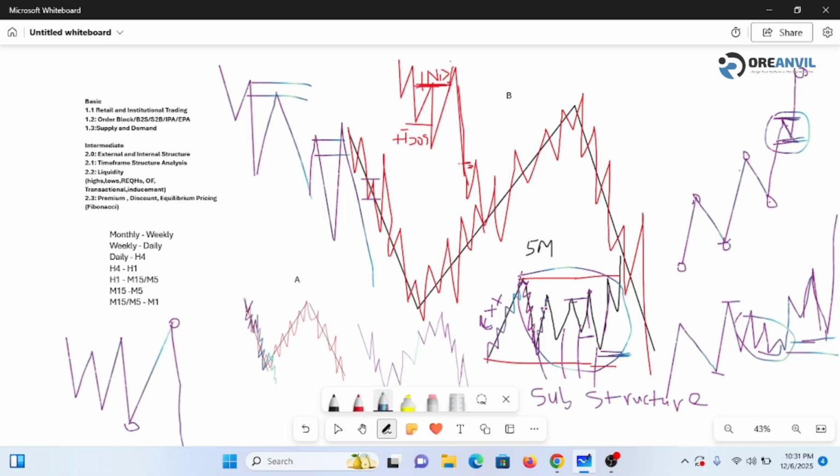See, the internal, which is 1 minute here, is less important than this substructure. Until price takes this high, it is less significant.